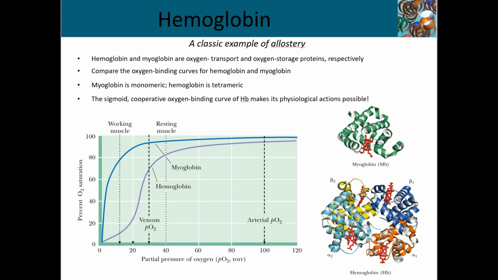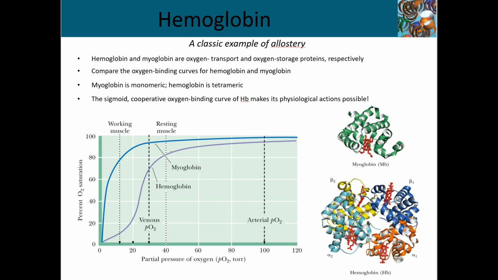And myoglobin has this classic curve to it that you would see for non-allosterically regulated systems, and then for hemoglobin we have this sigmoidal curve. It's important that we focus on the biological function of the hemoglobin in this case, because this sigmoidal cooperative binding of oxygen by hemoglobin is what allows it to function biologically.